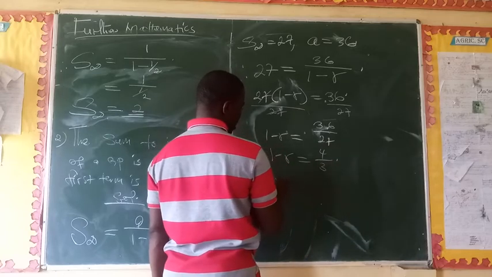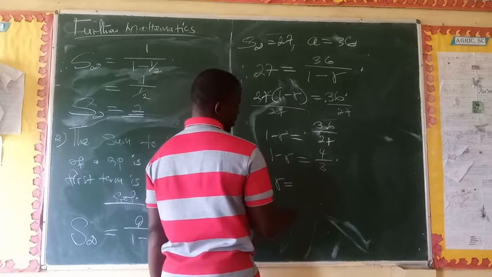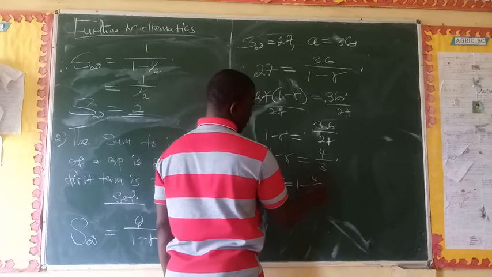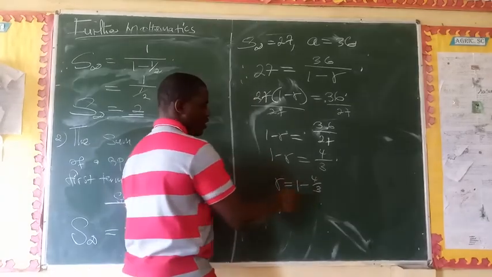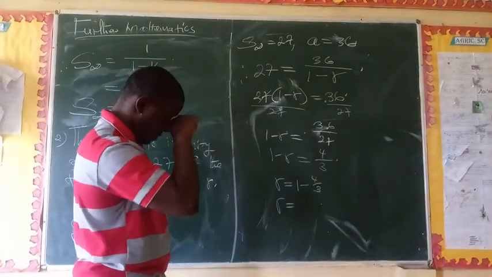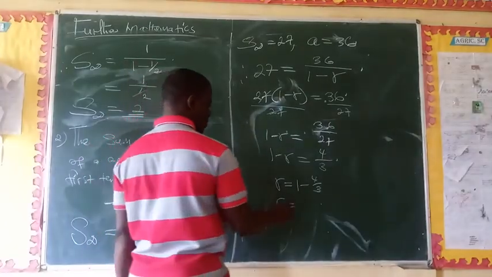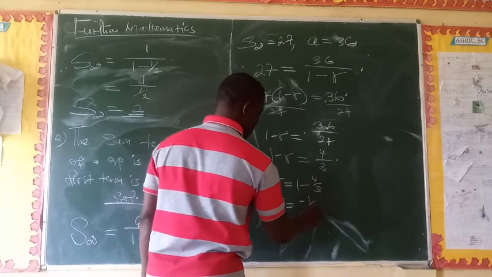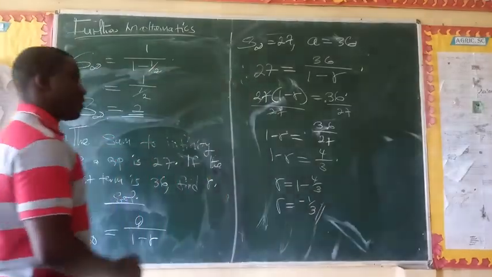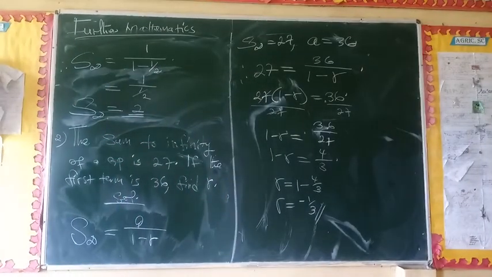And so r is equal to 1 minus 4 over 3, which is minus 1 over 3, right? That is our common ratio. Our common ratio is negative, minus 1 over 3.